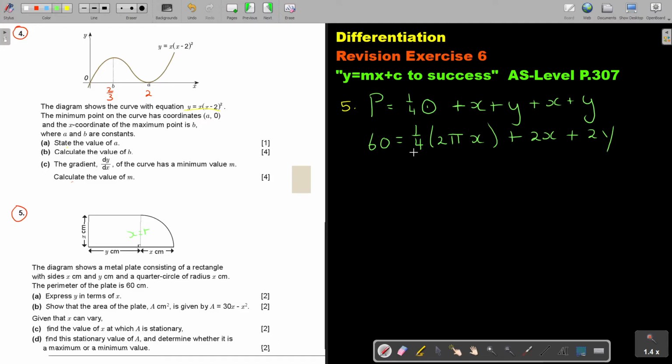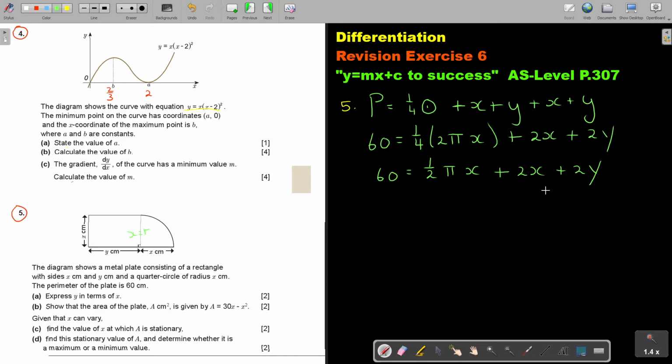Let's just simplify it further. I'm not going to first do that. Let's keep it like this. Let's make it a half pi x, plus 2x plus 2y. Now, this was a quarter.